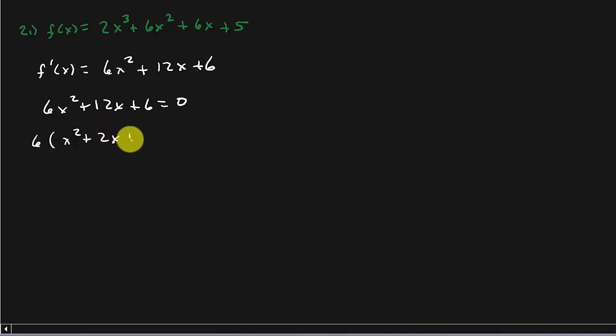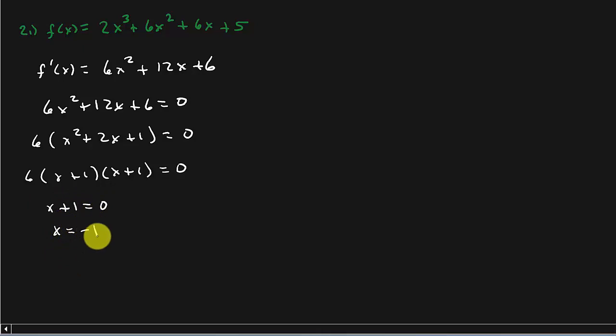That's x squared plus 2x plus 1 equals 0. So that's 6 times x plus 1 times x plus 1 equals 0. So x plus 1 equals 0 means x equals -1. I don't need to set both of them equal to 0. So we've got -1.